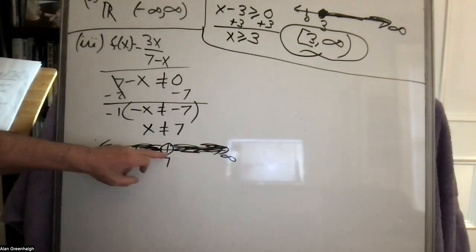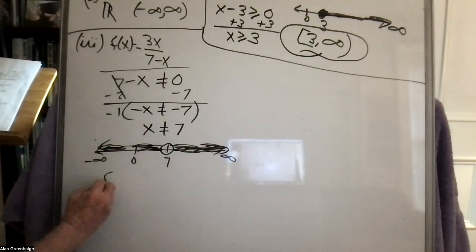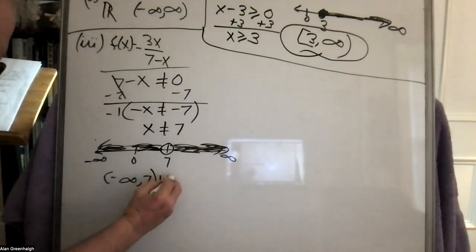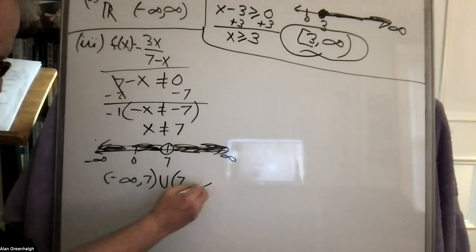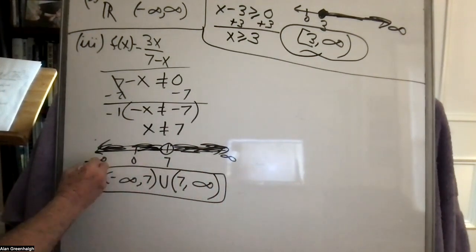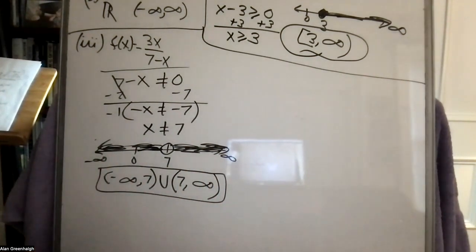And that's an open circle. So in other words, it's negative infinity to 7 with a parenthesis, because it's an open circle, or 7 to infinity. And that would be the domain for that final problem. And that was the test you took.